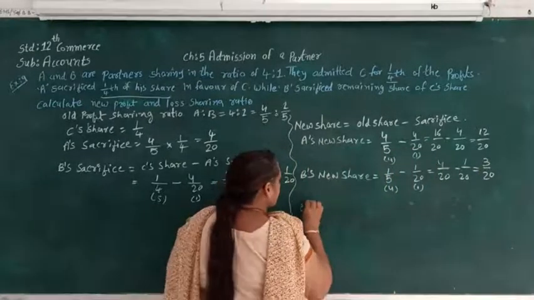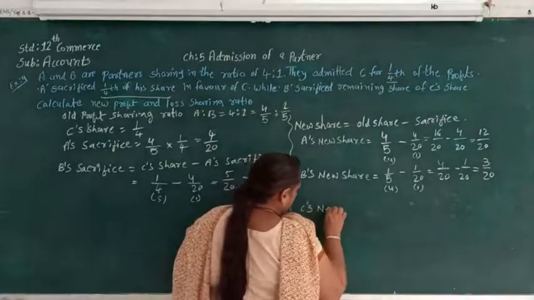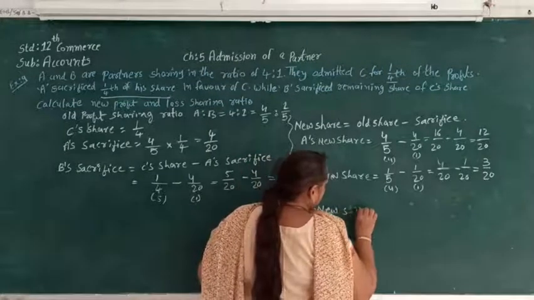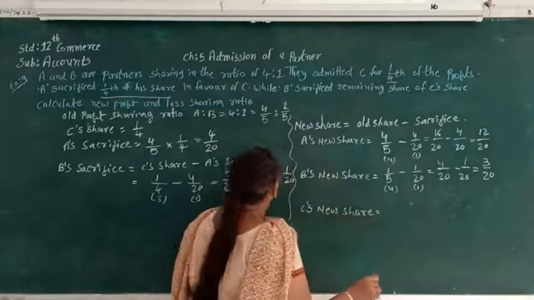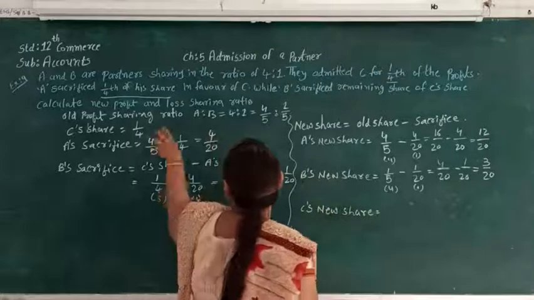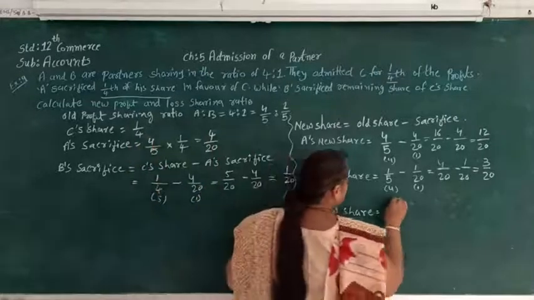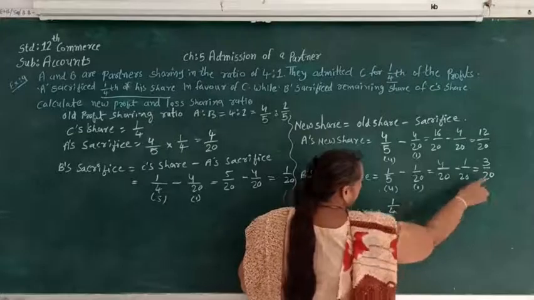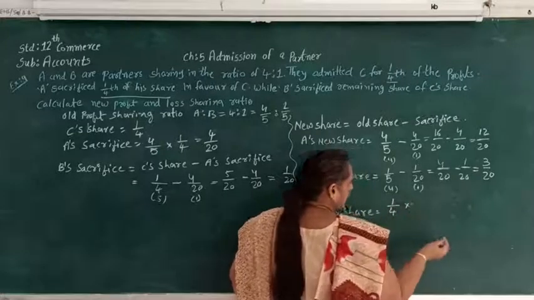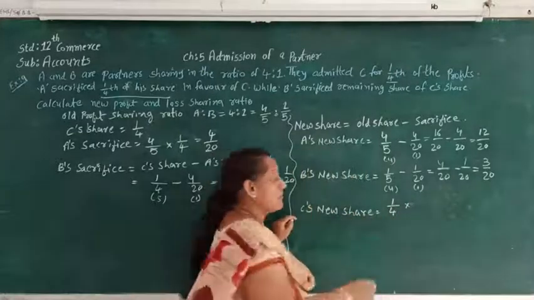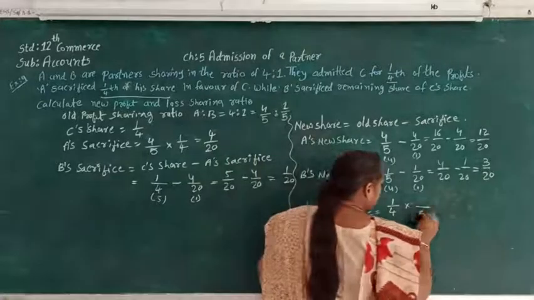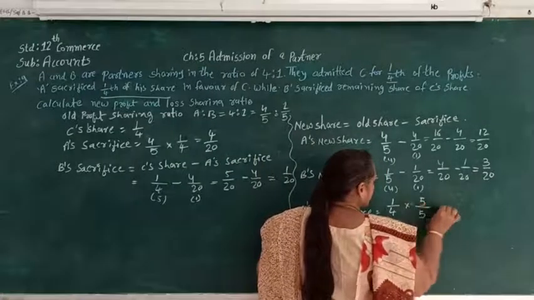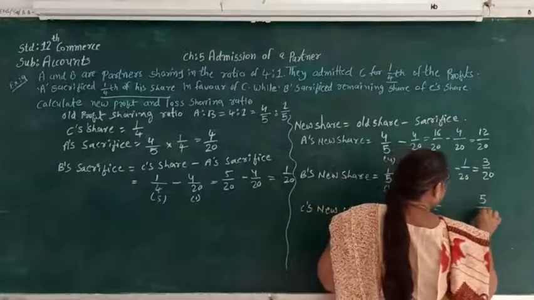Now C's new share is equal to 1 by 4. So here again we need to make the denominator same, and for that we have to multiply by 5. So that will be 5 by 20.